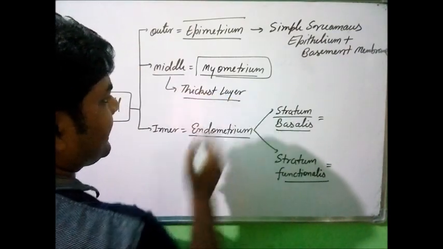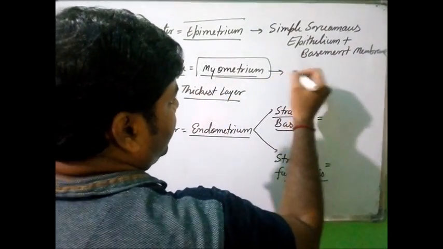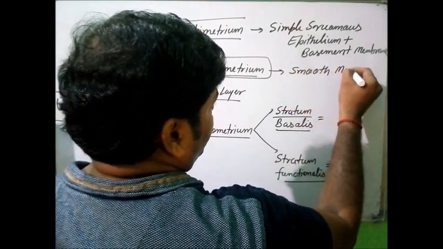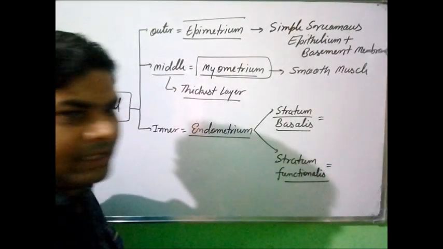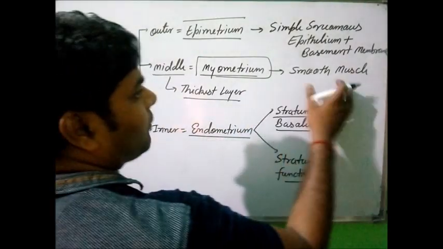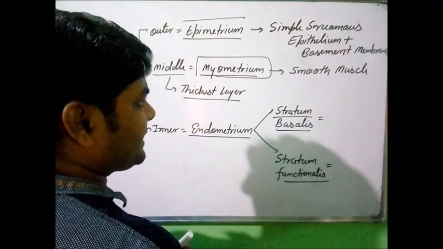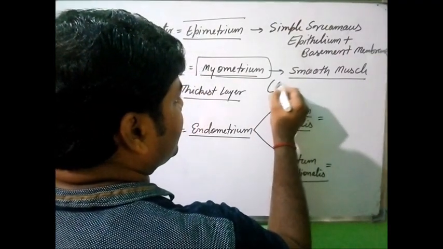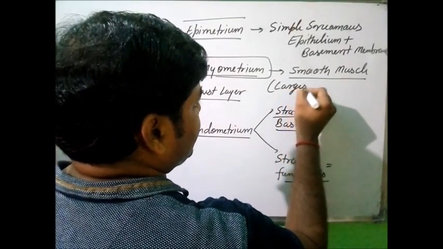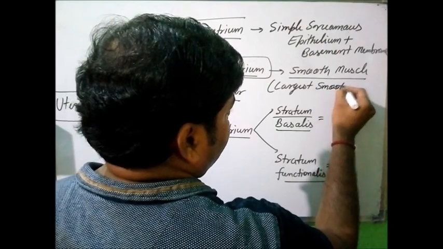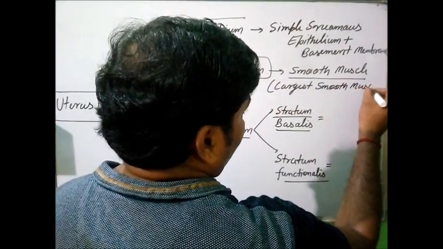Why is it the thickest layer? Because it is made up of smooth muscles, or you can say involuntary muscle, because smooth muscles are involuntary in nature. This is the example of the largest smooth muscle in the human body.